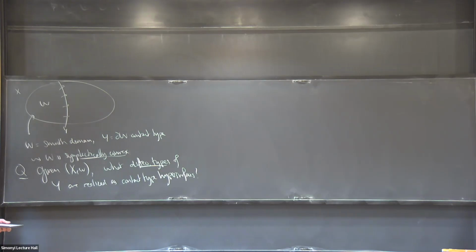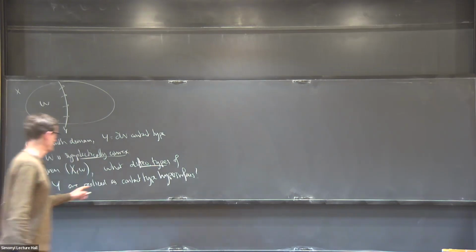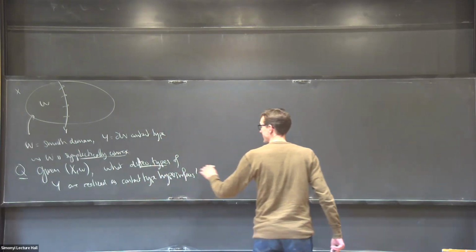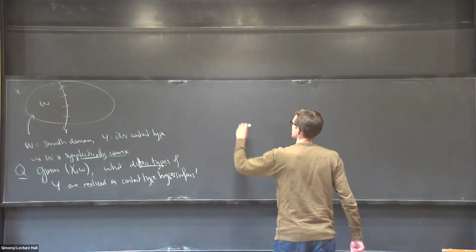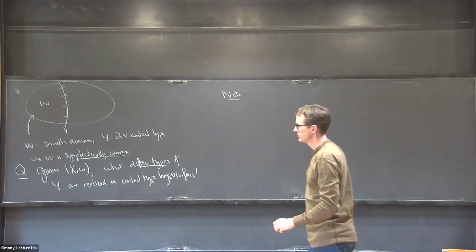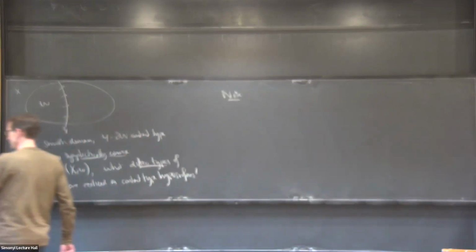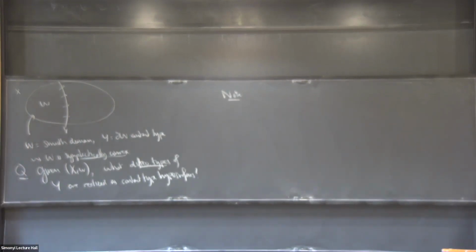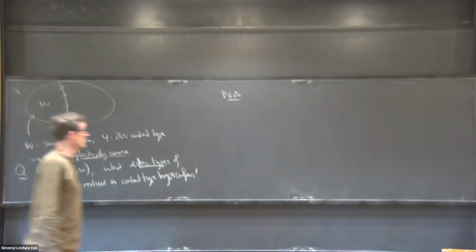So maybe this question is sort of overly broad, but before I narrow things down, I'll just point out that when you have a contact type thing like this, these two conditions automatically tell you that when you contract the symplectic form with this vector field and restrict the resulting one form to Y, that's a contact form.